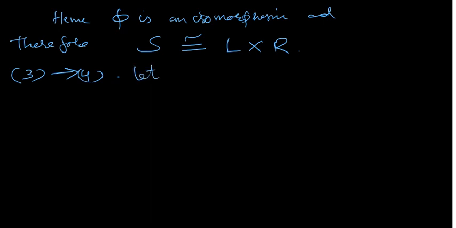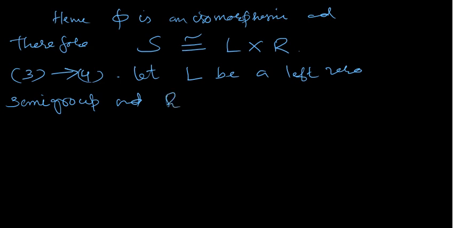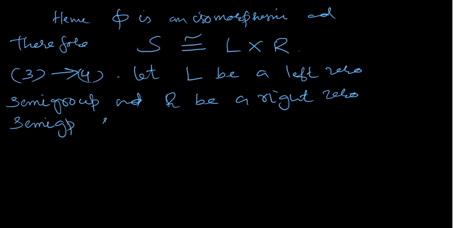Let third is given, let L be a left zero semigroup and R be a right zero semigroup such that S is isomorphic to L cross R. आपको 4 चाहिए, you want 4.